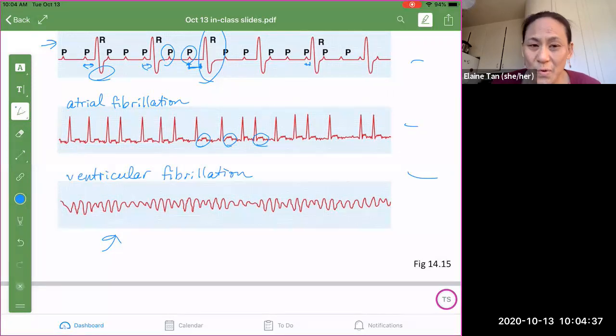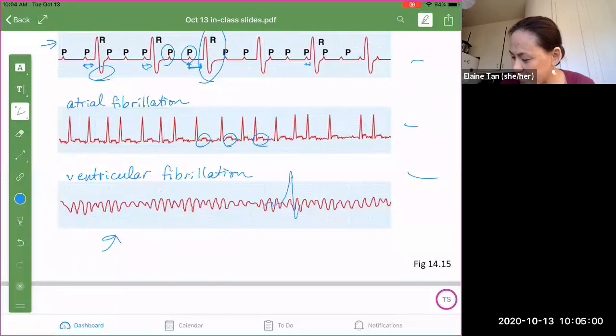So this is a recording of ventricular fibrillation. Take a moment and look at the trace and see if that makes sense to you? Okay, so hopefully that makes sense to you. It is really hard to tell what's going on, but very clearly you can't see very clear QR.